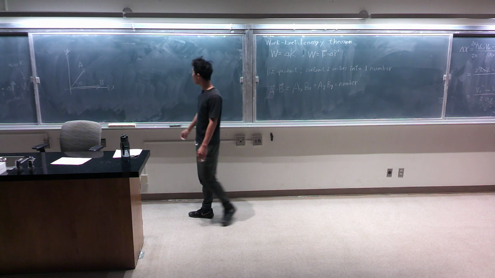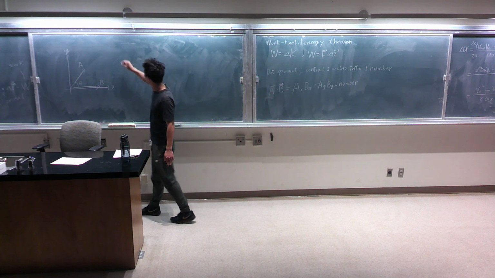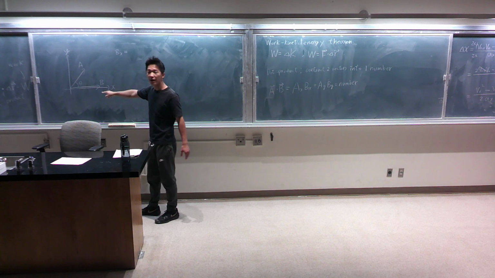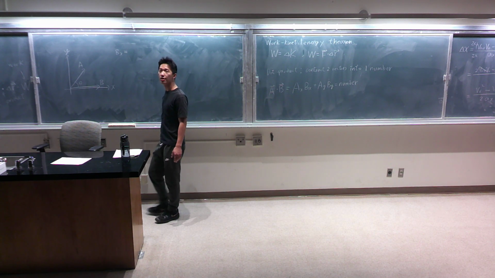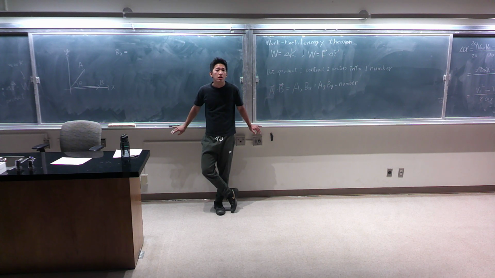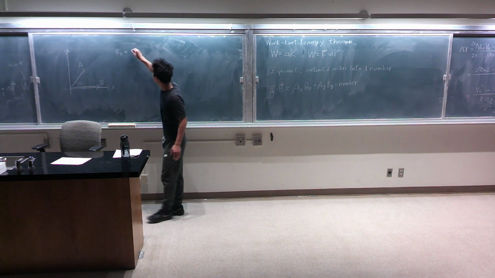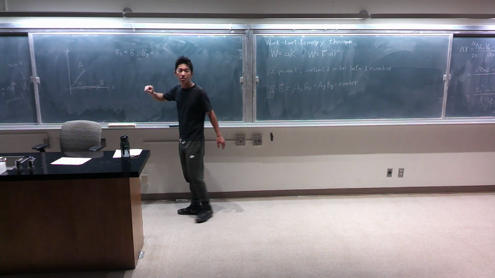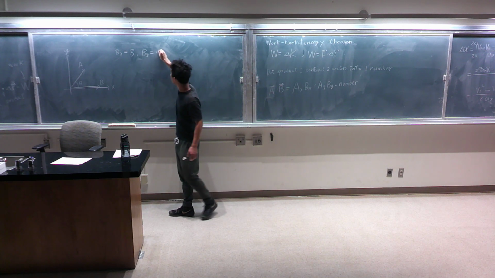Now, what is the x component of B vector if the magnitude is B and it is lying on the x-axis? It's just B, good. How about the y component? Zero. Good.